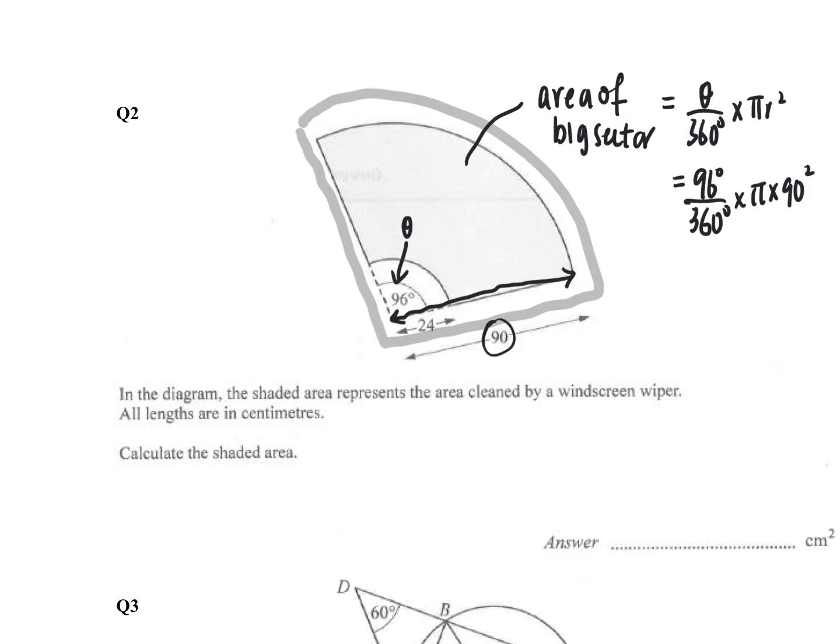Then now, we are also interested in finding the small sector, this one. So this small piece, you can find using the same formula. Just that the radius is different. So angle is the same, still 96.